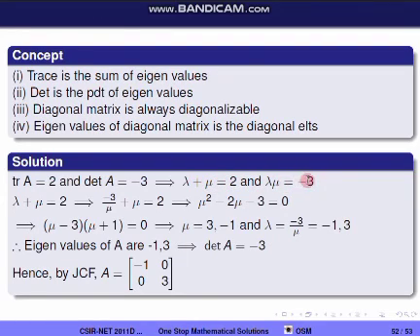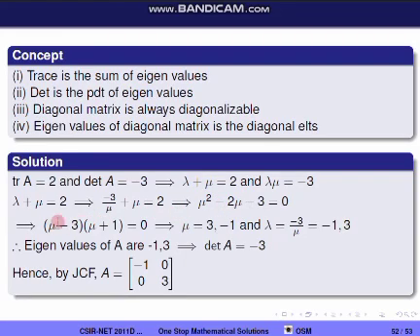From this equation I am getting λ is equal to minus 3 by μ. I am substituting that in this equation. So this implies minus 3 by μ plus μ is equal to 2. So when we simplify this equation, we are getting μ² − 2μ − 3 equal to 0. So this is like product of roots is minus 3 and sum of roots is 2.